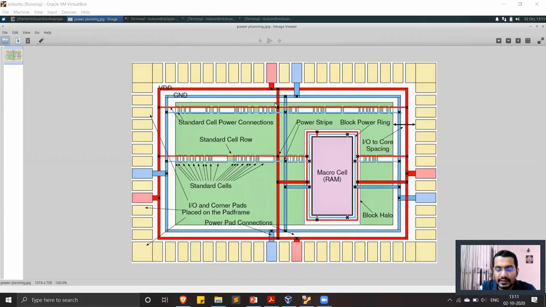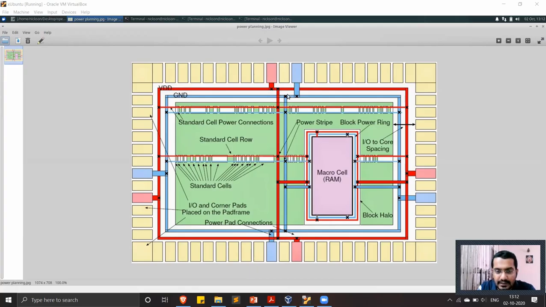Now we need to ensure that the power reaches from the ring into the chip. For that we have the straps. If you see this vertical line, the red and the blue, it is attached at the top; it is connected to the outer red ring. The ring is the one going along the inner boundary of the chip, the rectangle, and the top end of the strap is connected to the ring, as well as the bottom end.